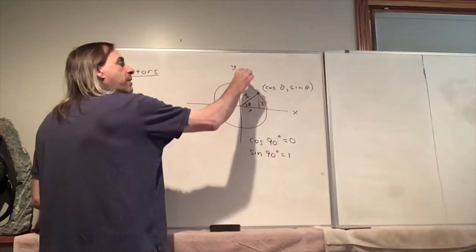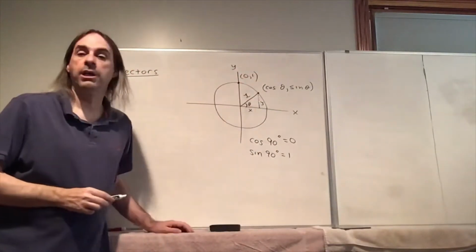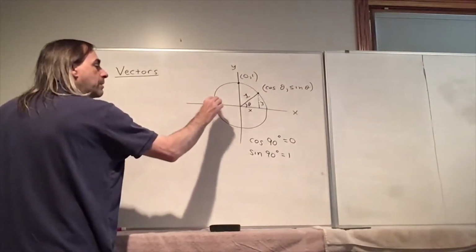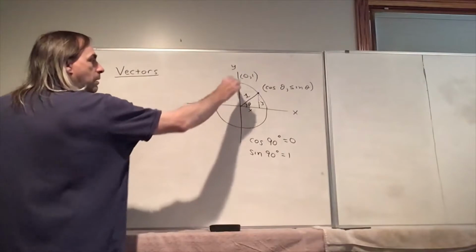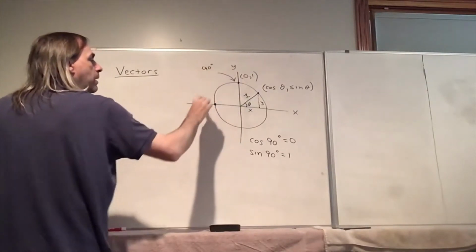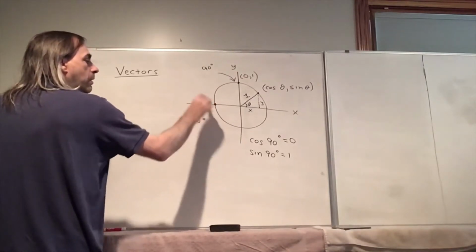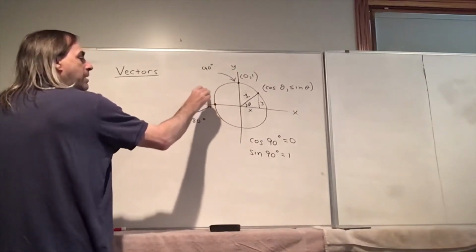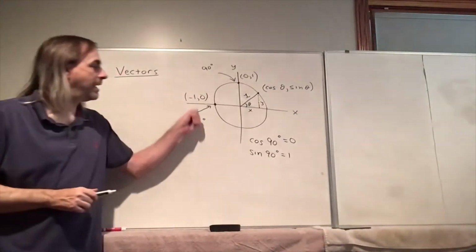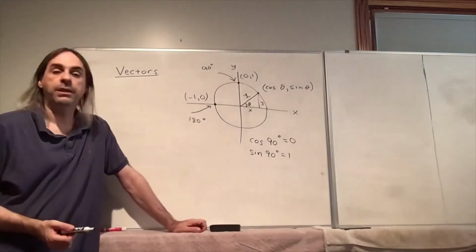The coordinates of this point: the x-coordinate is 0, the y-coordinate is 1. And if you look at, say, 180 degrees, the coordinates of this point are -1, 0. So cosine of 180 degrees is -1. Sine of 180 degrees is 0.